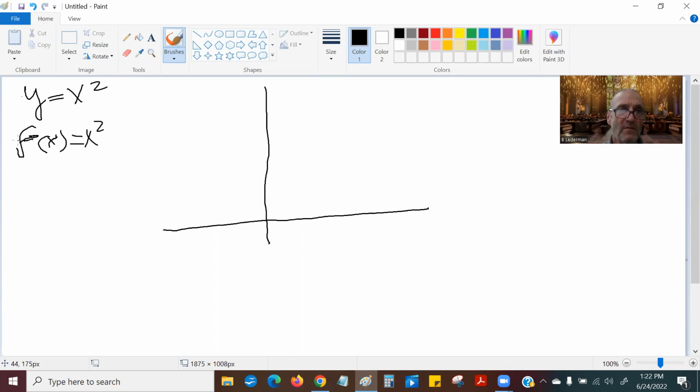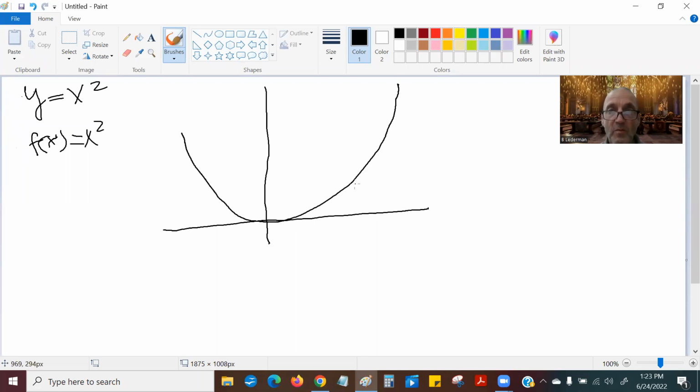So whether you write y equals f of x, y equals x squared, or f of x equals x squared, same thing. So f of x equals x squared. Now, I'm going to draw roughly what that is. Again, this is just being done by hand.